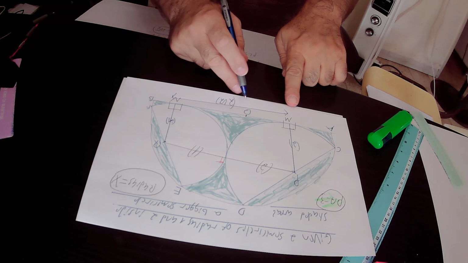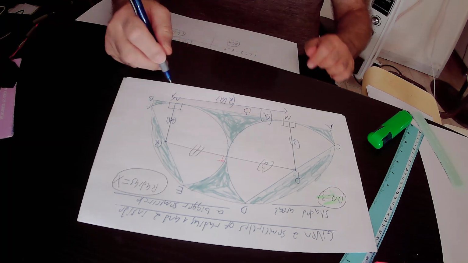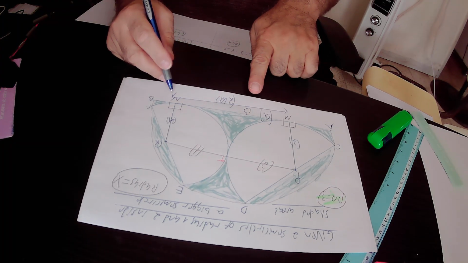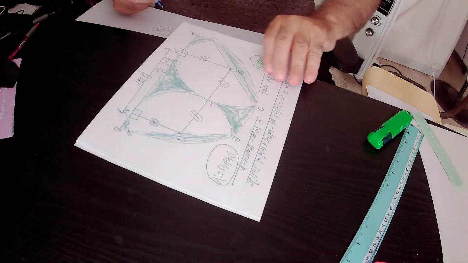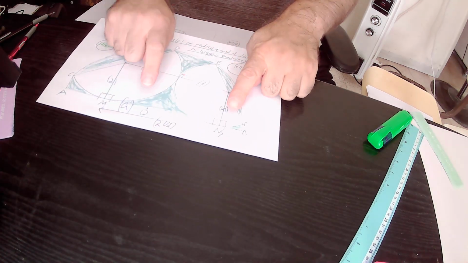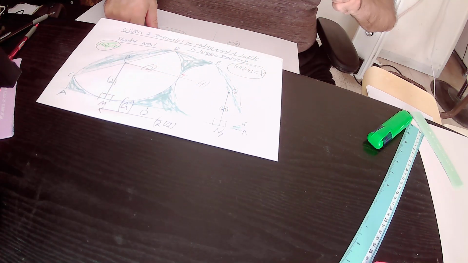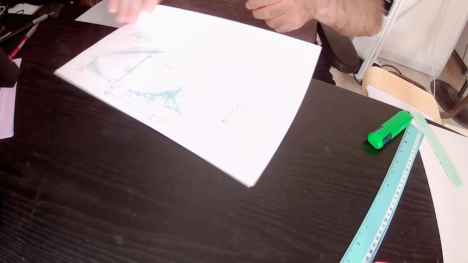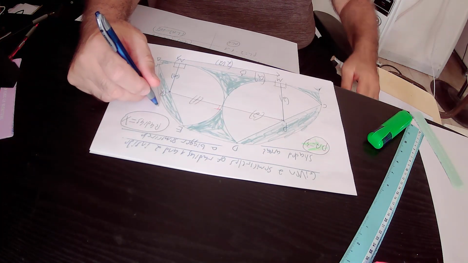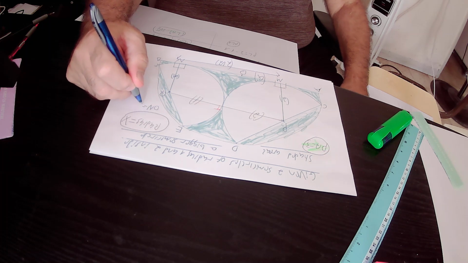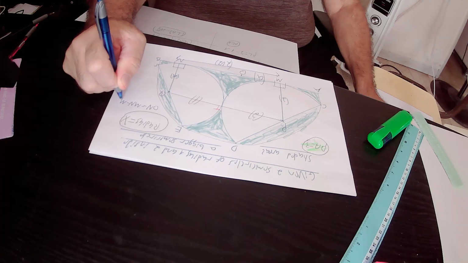We define the length of this line segment MO as a. So what is the length of the missing line segment ON? We see that ON in total equals MN minus MO. So the missing line segment ON is equal to MN minus MO.